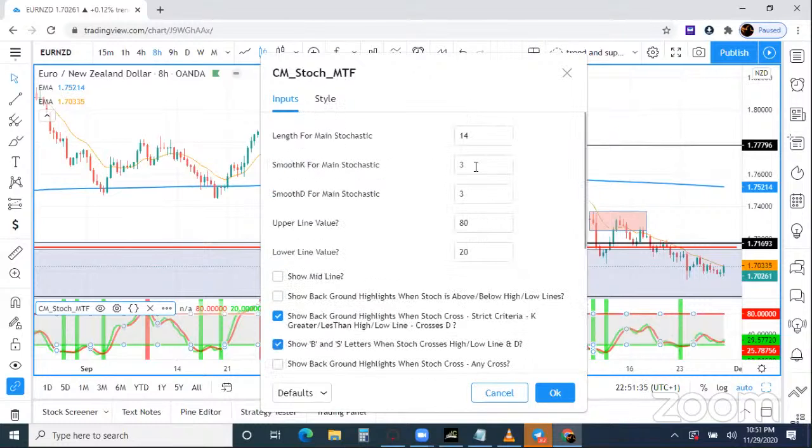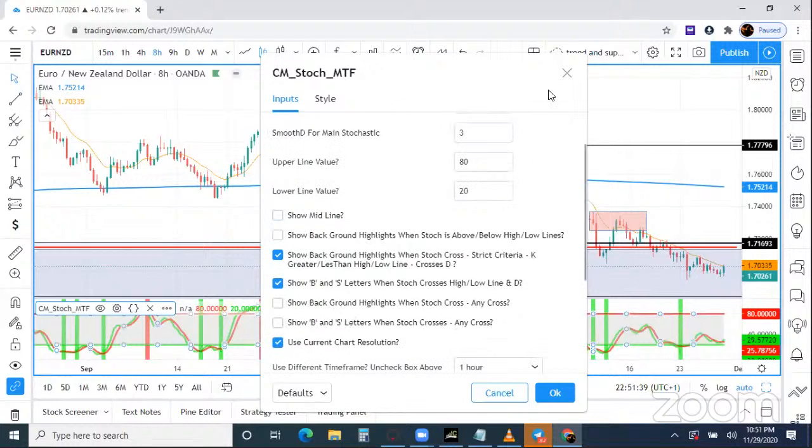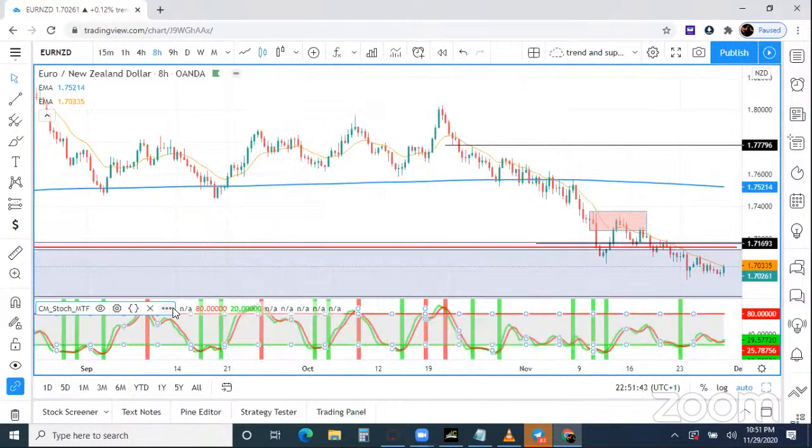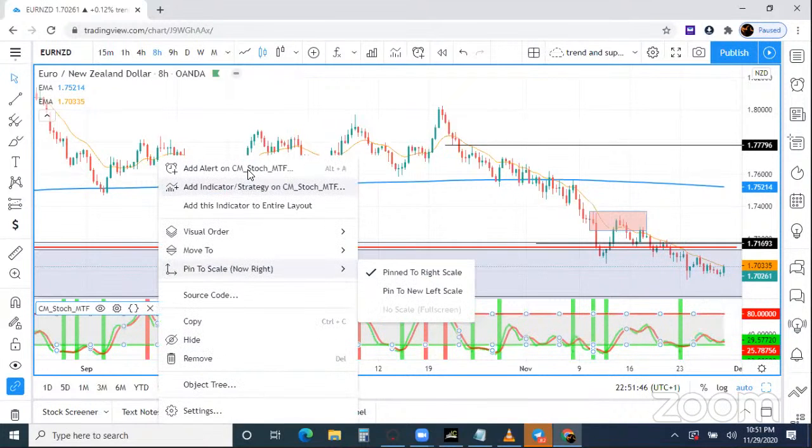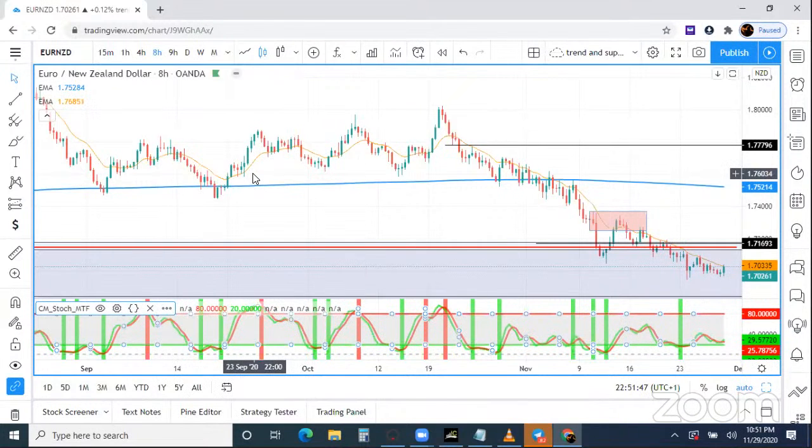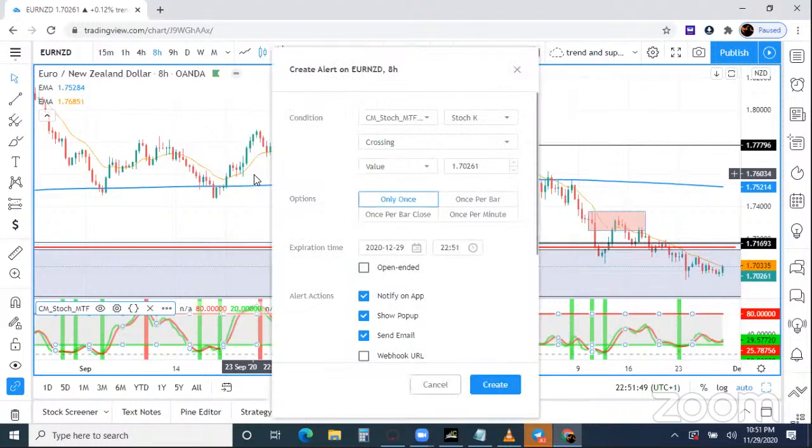So when you have this 14, 3, 3, 80, 20, and all the likes, you can now set alerts and tell it to tell you what happens when price is crossing.